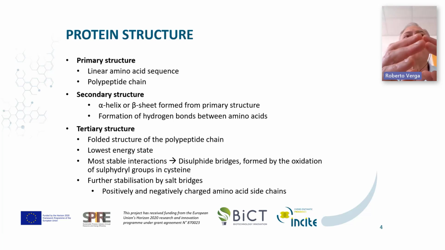In fact, with secondary structure, we consider some particular structures in terms of helicoidal or planar structure called alpha helix or beta sheet. And in the secondary structure we also start with the first interactions between the amino acids, based mainly on hydrogen bonds.